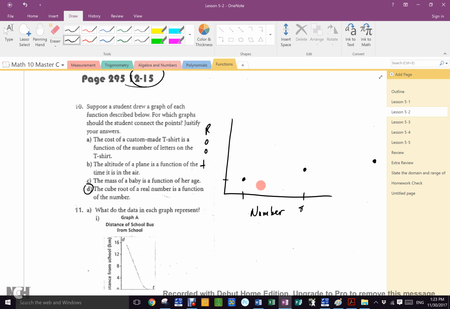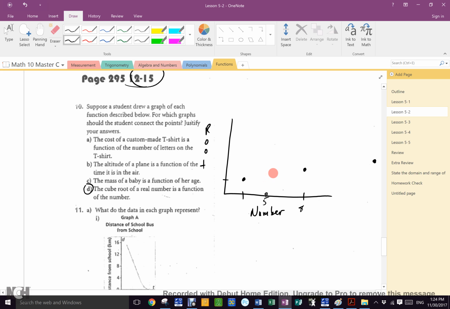So you could make the argument that, for example, this number right here, call it 5, has no actual cube root, does it? Right? So if you're going to make that argument, would you connect these dots? No, because if you input 5, there's no output. Agreed?